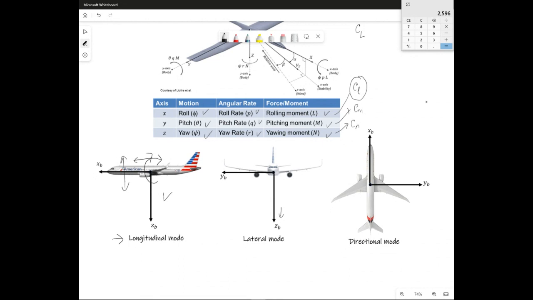Then if you look from the top view of your aircraft, that is your body axis X and body axis Y, and this has to do with the aircraft motions sideways, left to right. Later on you will see that the aircraft also moves like a slalom, like a snaking movement. That is related to the directional stability mode.